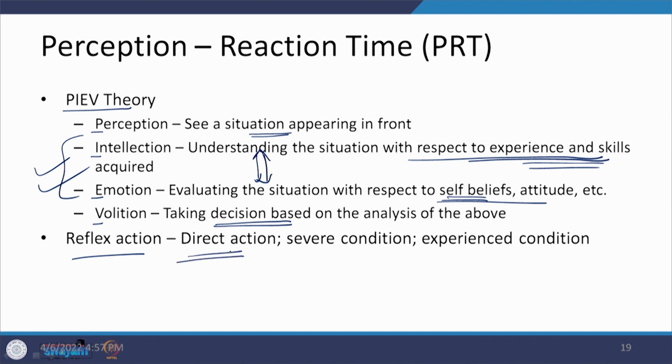This is a direct action, you seize the condition, you try to understand, but do not have time, and you take a decision. So this is the most severe condition which is going to happen, but of course, if you have experienced those things, you will be able to take the right decision, but if it is a very new thing which has happened all of a sudden, it may cause something wrong on the road.